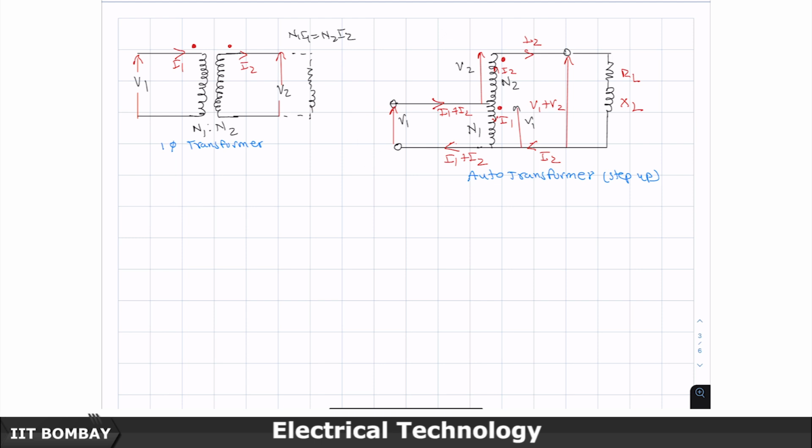In this particular case, I have stacked the secondary winding on the top of the primary by making an electrical connection like this, and with respect to this ground, the V1 plus V2 is coming. So, let us see what is the output of such a connection.